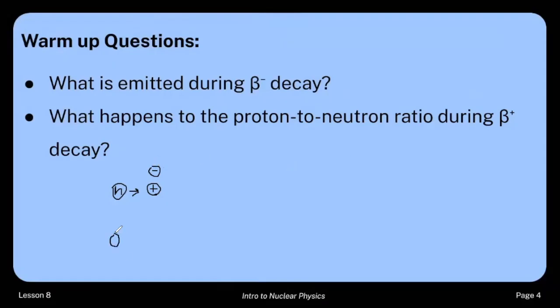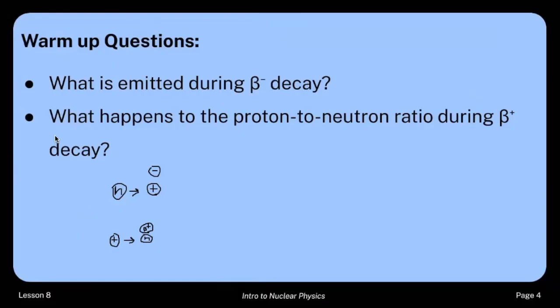And if we did the opposite direction where we have a proton turning into a neutron, we lost a positive charge, so we have to add one to balance things out. So notice that this is going to be in the form of a beta positive or a beta plus particle or a positron. So if we're looking at beta plus decay, we're looking at which one of these involves a beta plus particle getting emitted.